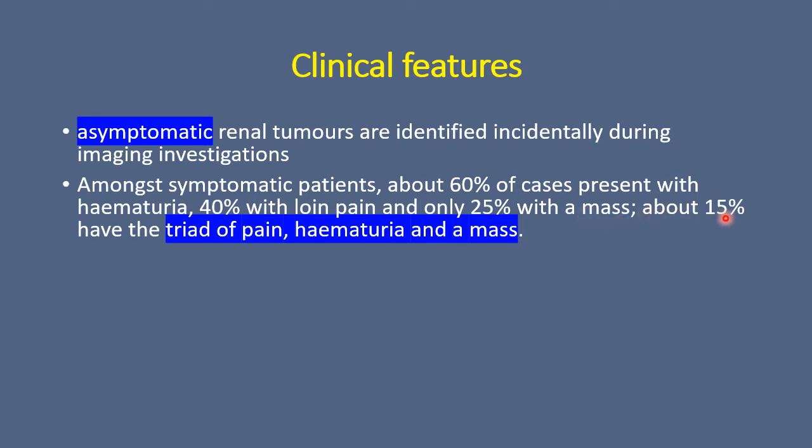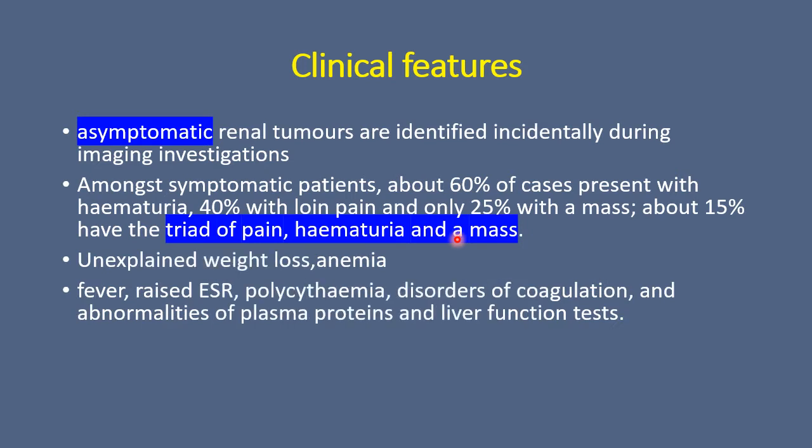And only 15% of them have the triad of pain, hematuria, and a mass. Unexplained weight loss and anemia are other important diagnostic signs. Fever, raised ESR, polycythemia, disorders of coagulation, and abnormalities of plasma protein and liver function tests are also important diagnostic features.